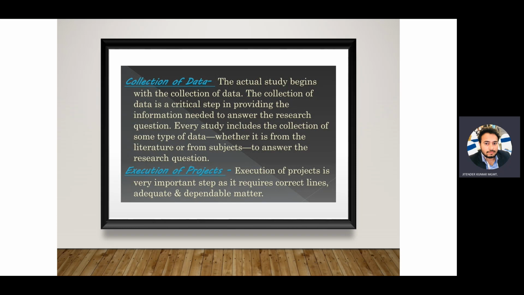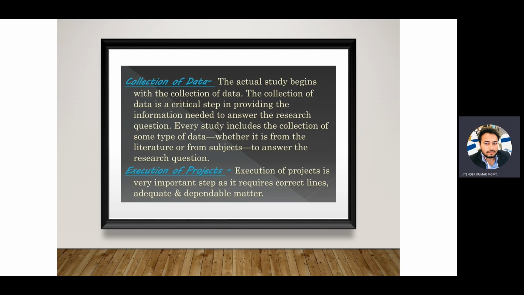After that, the next very important step in the research process is the collection of data. You must know how the data will be collected, whether on the basis of primary or secondary. We have various sources of data.